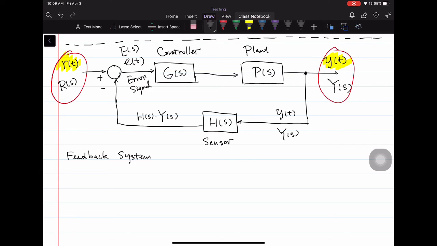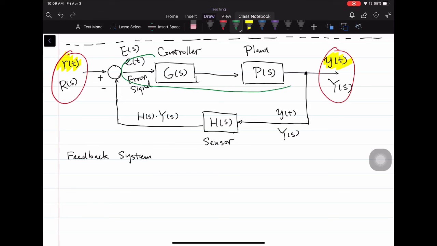Well, it's not very difficult. We have already done this part of it. If we only focus on the forward loop, meaning starting from the input to G of S to the output of P of S, it's easy to find out that Y of S, the output, is equal to G of S times P of S. These two blocks are connected in a serial manner, multiplied by E of S, the error signal being the input to the controller.